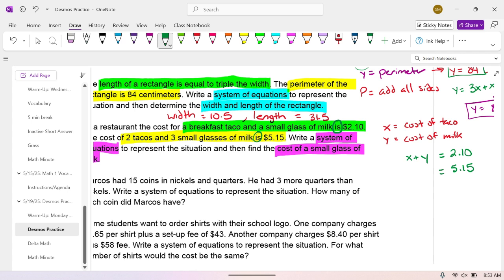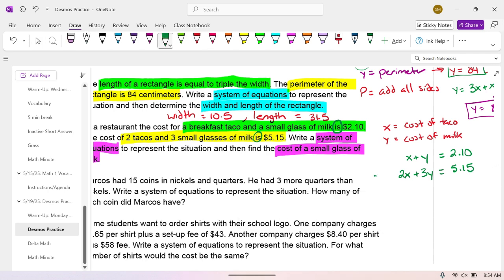X is the price of 1, 2X is the price of 2. So 2X represents the cost of 2 tacos, plus, how do I represent the cost of 3 glasses of milk? 3Y. Good. Because if you think about it, if you go to Taco Bell, this is not the price currently, but if you buy a taco for $1, and you bought 2, you pay $2.